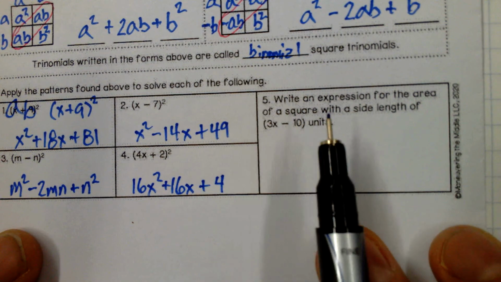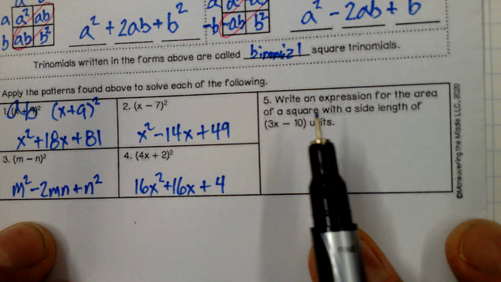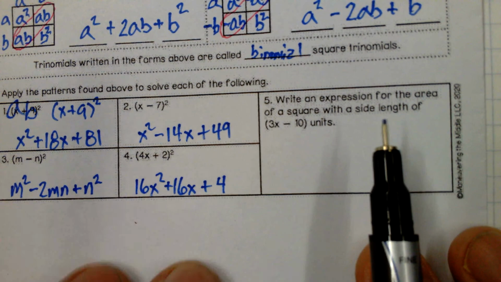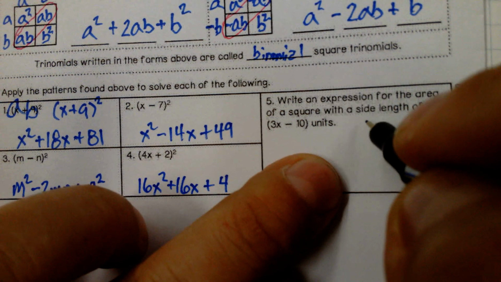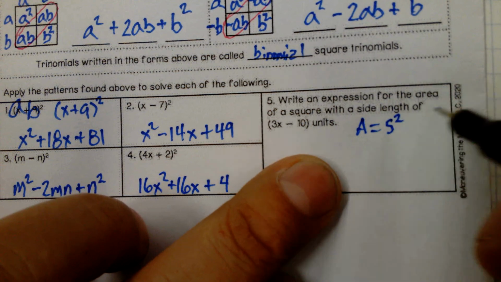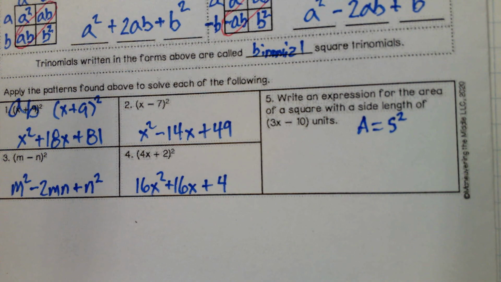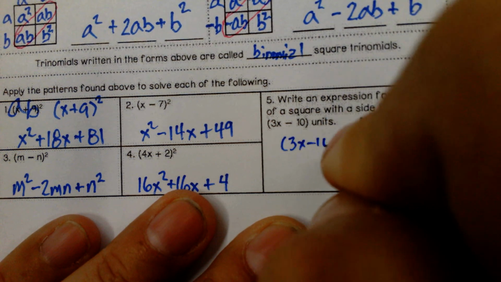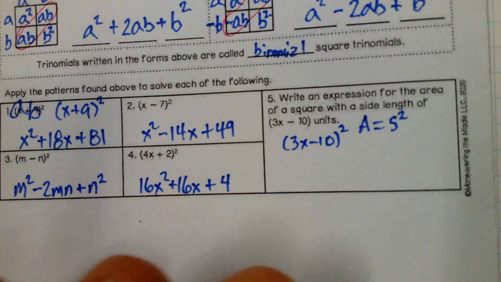Okay. Write the expression for the area of a square whose sides are 3x minus 10. For the area of a square, this is the formula. The area is any one side squared. So basically what they're asking us to do is take 3x minus 10 and square it.